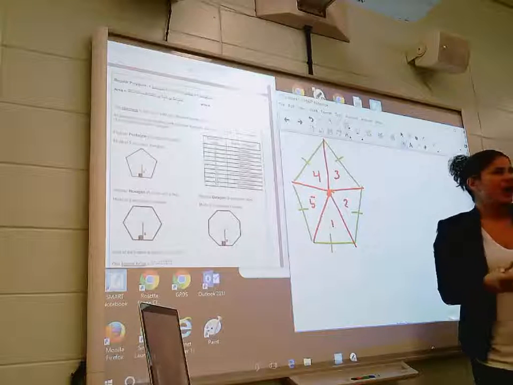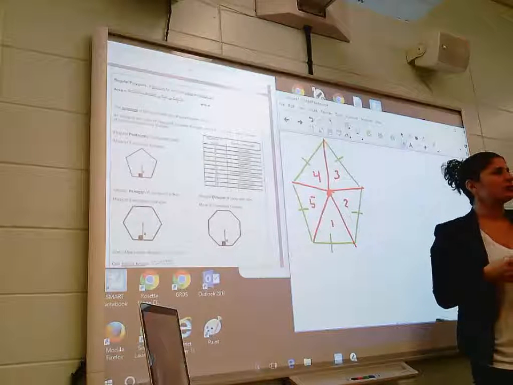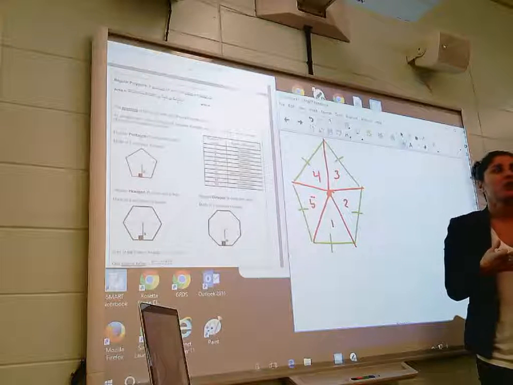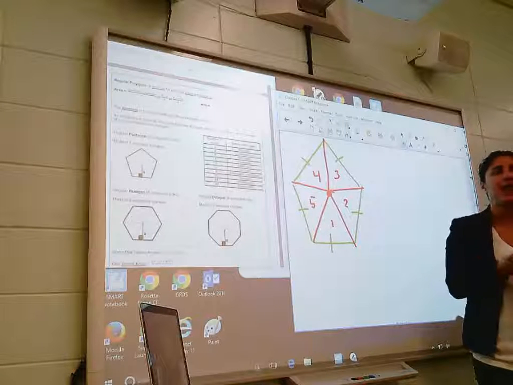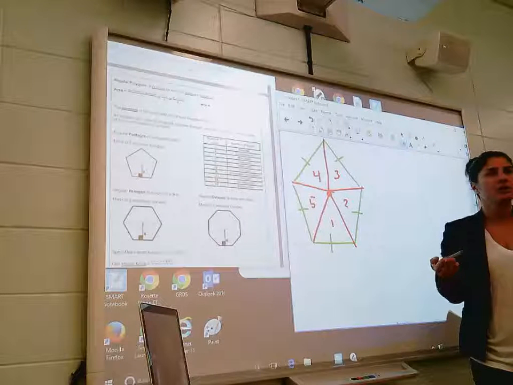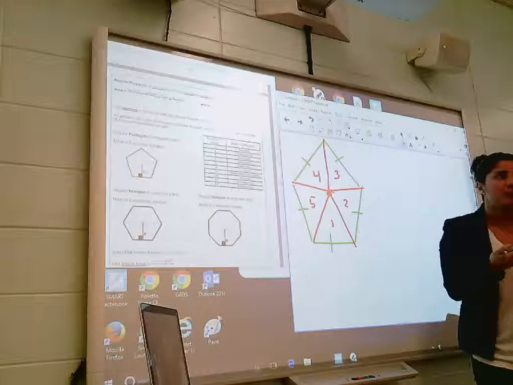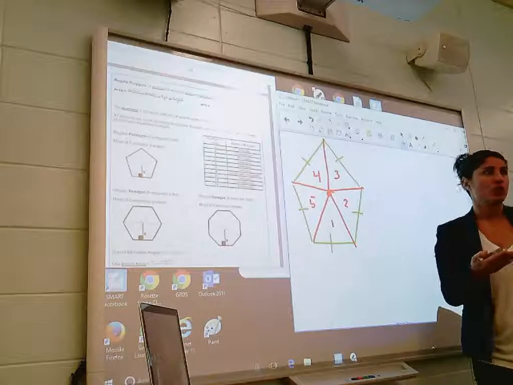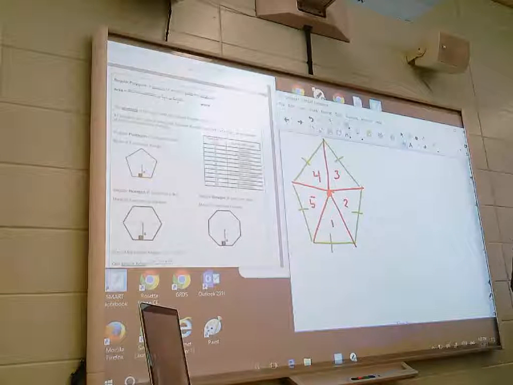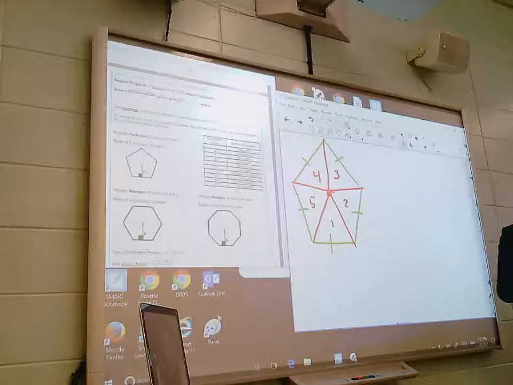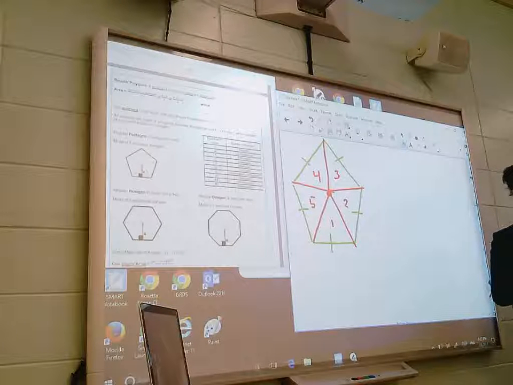What else is 5 in the pentagon? 5 sides. So the relationship between the sides and the triangle, that they're the same. The sides. So if I have an octagon, which has 8 sides, how many triangles will I have in there? 8.